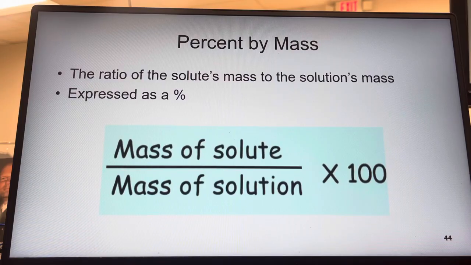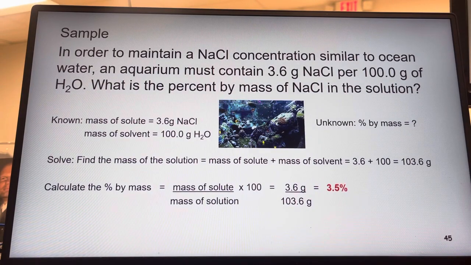So if you wanted to know what the concentration was as a percent, you would do the mass of the solute, so how many grams of sugar, over the mass of the whole solution. So I would put a glass of tea on a scale and get its entire mass, and then I would divide the mass of just the sugar by that, then multiply by 100, and that would give me my percent solution, percent concentration, okay?